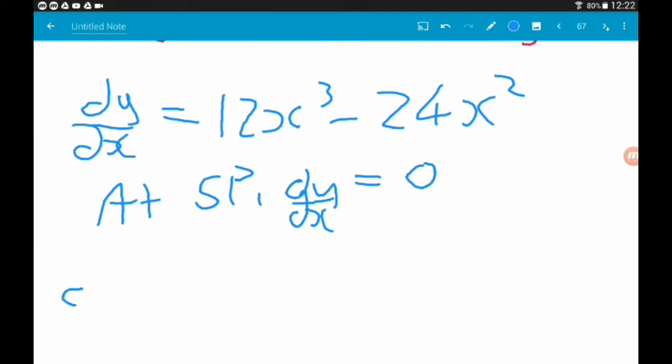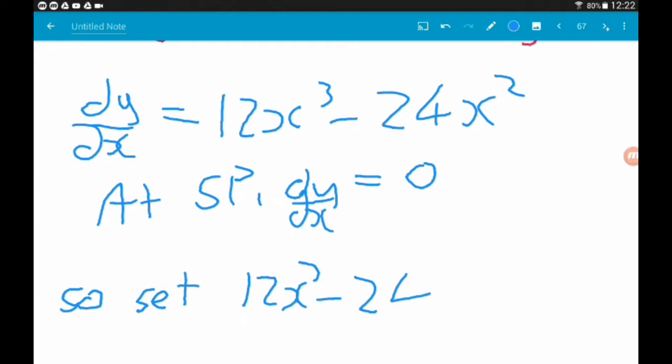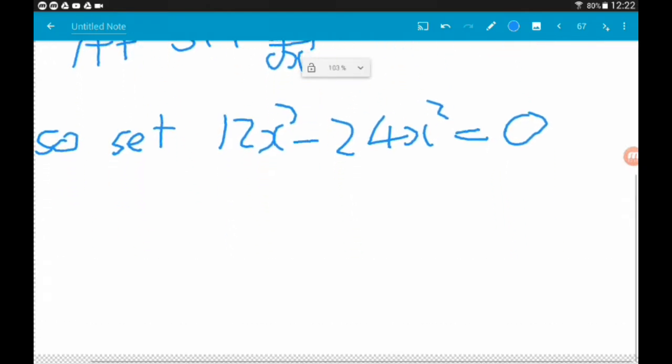So set 12x cubed minus 24x squared equal to 0. Now we want to solve this for x.